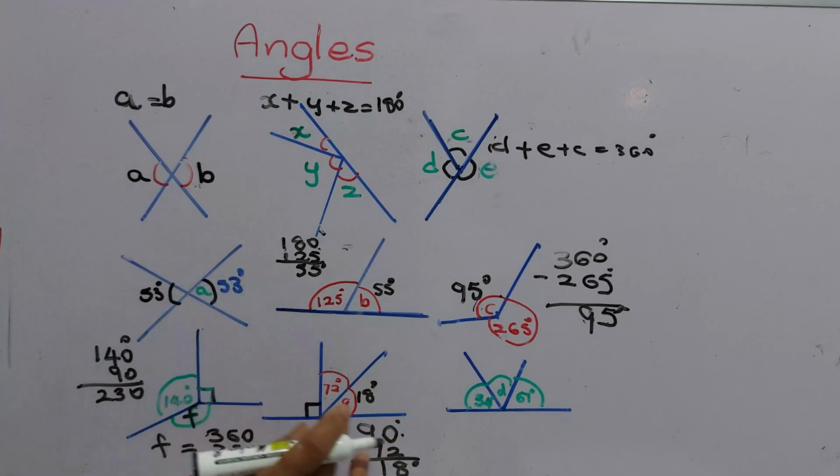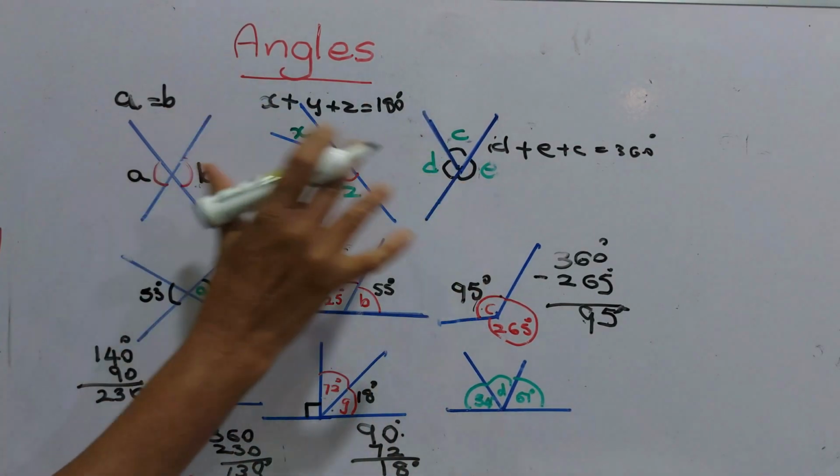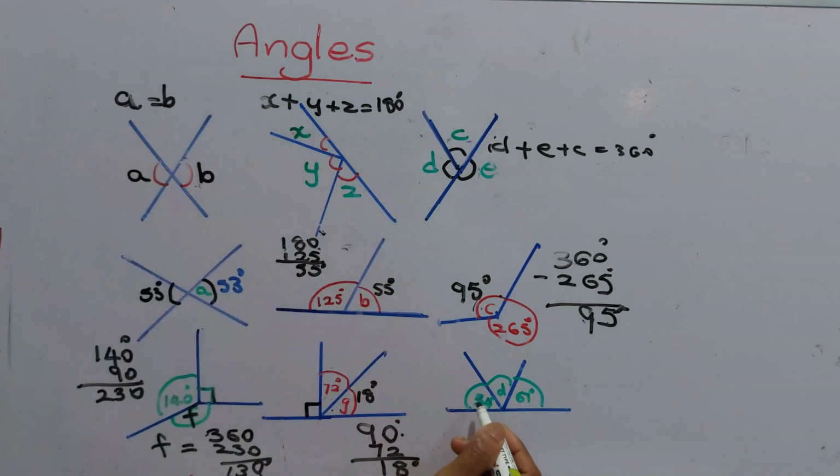Very easy. These are the 3 points you have to keep in mind. Here, a straight angle gives a total of 180. Then what are the angles here? 54 here and 67 here. We have to find angle D. Now we add these two angles together.